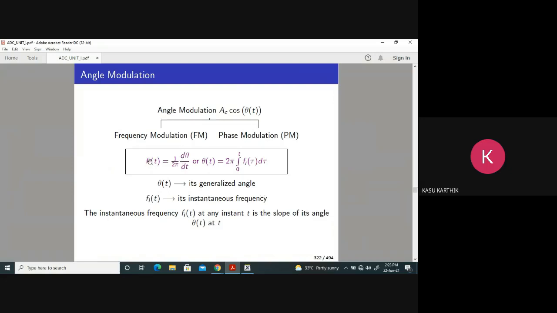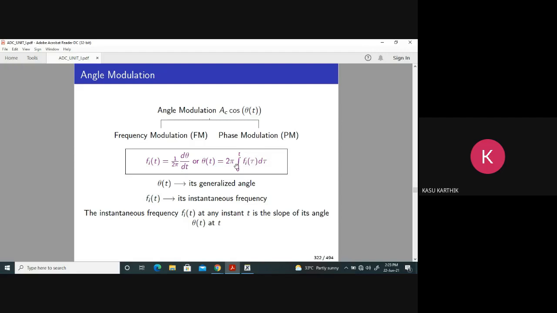Now, phi_i of t equals 1 by 2 pi times the derivative of theta. This is one of the important things you must know. The logic is very simple: instantaneous frequency is nothing but the slope of the angle at a particular time. Obviously, if you reverse them, they will be related by integration.